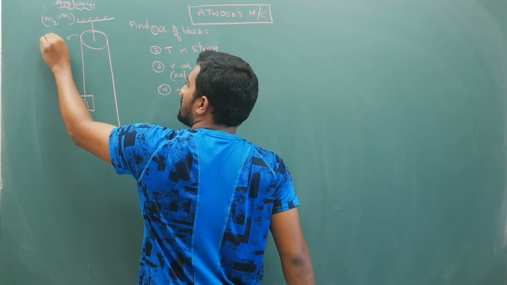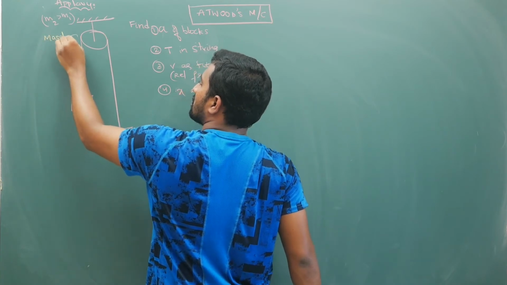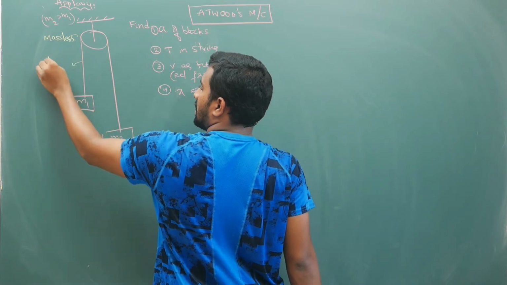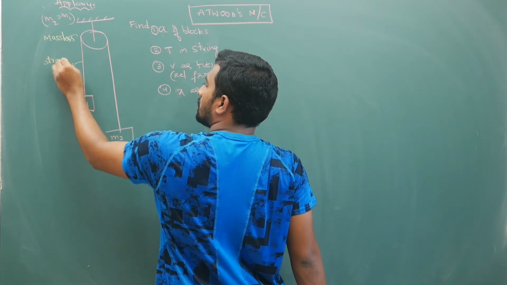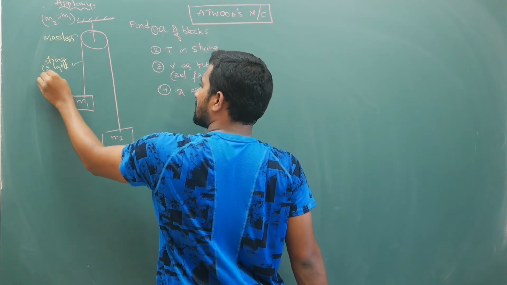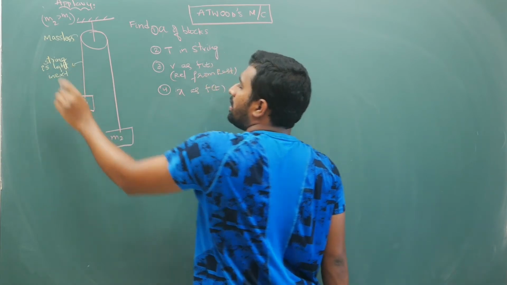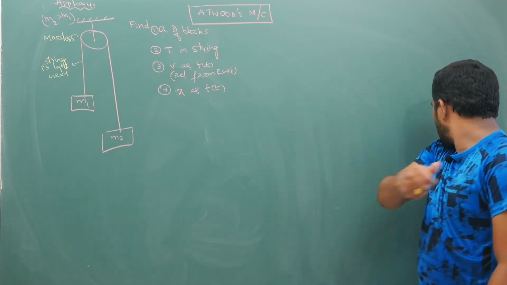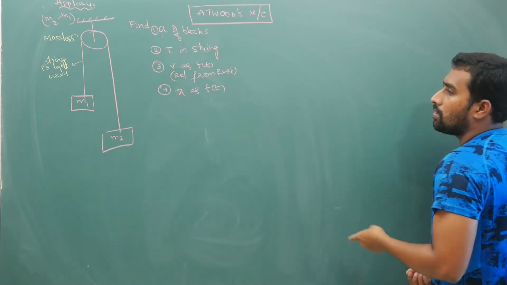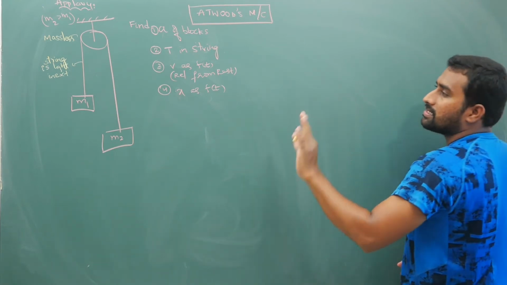This pulley is massless, point number 1. Point number 2, this string is light and inextensible. Why are you using the word light? Why are you using the word inextensible? I will tell you.